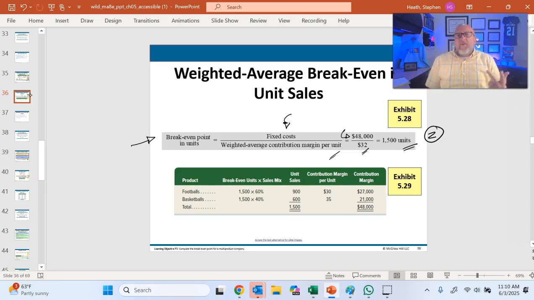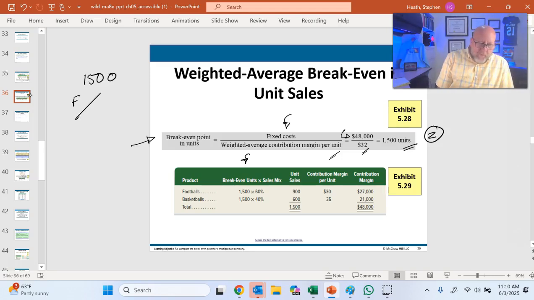But now we're left with the question, if I know that I need to sell 1,500 total balls, right? How many of those are going to be footballs and how many of those are going to be basketballs? Well, I'm going to go back to this understanding that, to me, it's easier to do it this way. If I have to sell 1,500 units, I have footballs and I have basketballs.